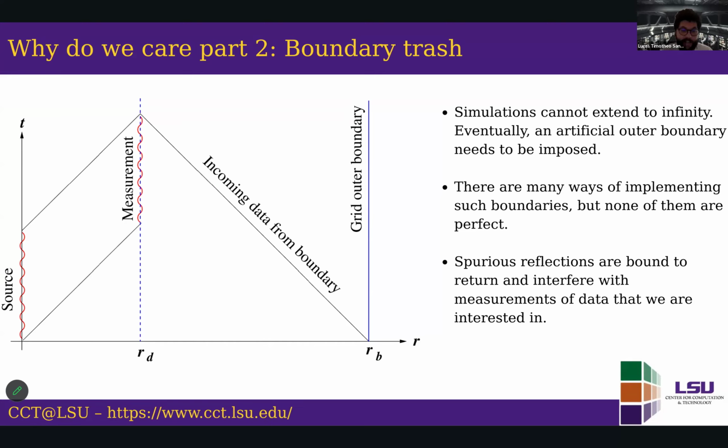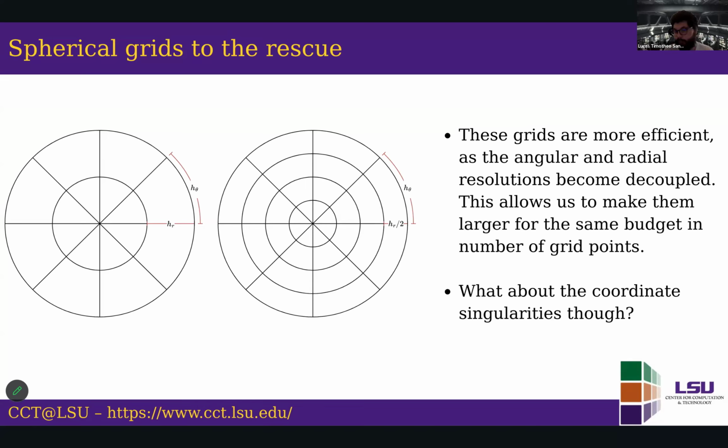So what we have to do here is try and use some grids that have a better efficiency in the sense that they are better suited for the problems we're trying to solve. They are more adapted to the physical symmetries of the problems, right? So in particular, let's suppose we don't do our simulations with a Cartesian grid. Let's suppose we're going to use a spherically symmetric grid, right?